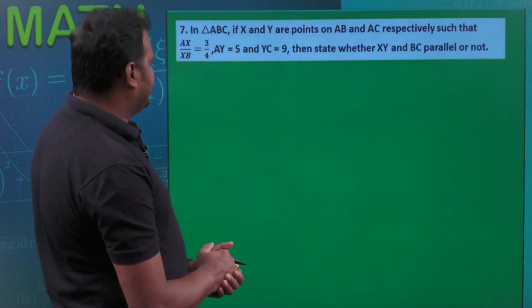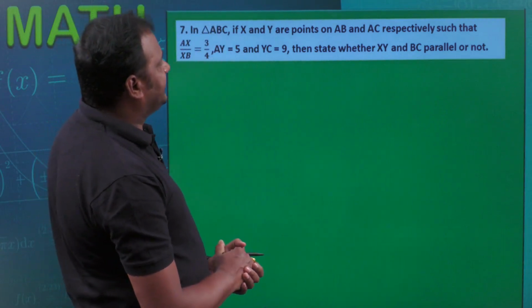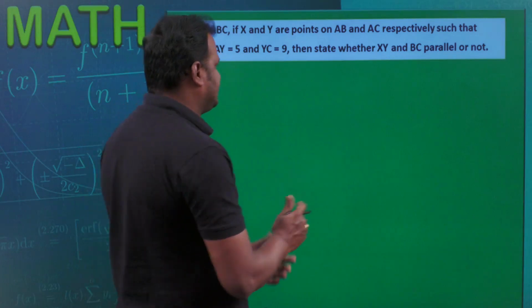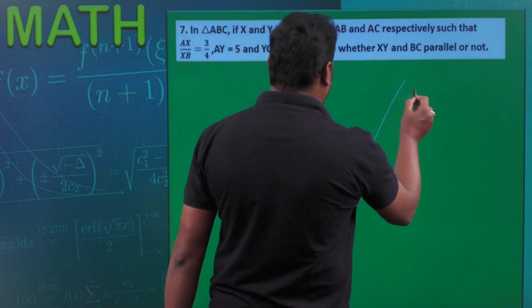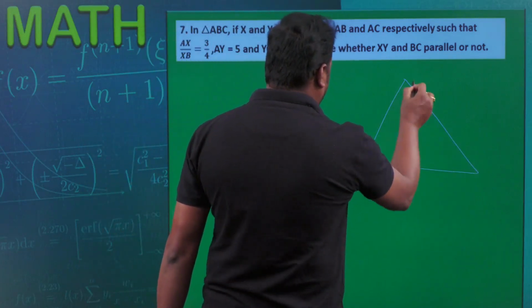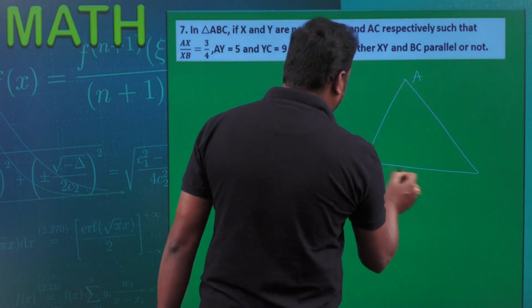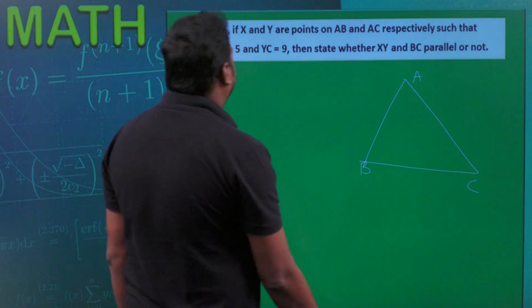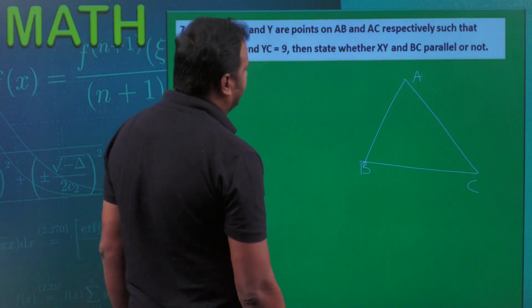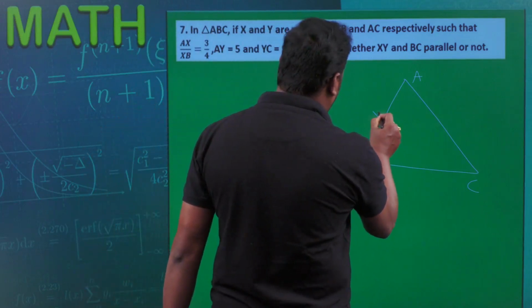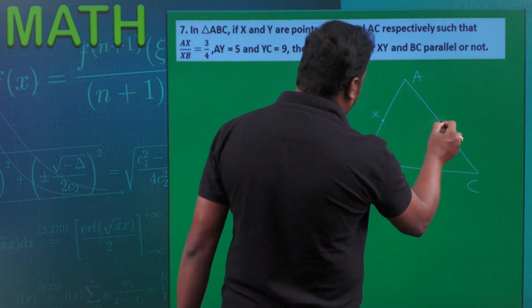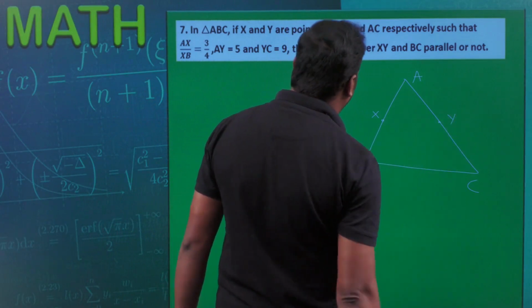In triangle ABC, if X and Y are points on AB and AC respectively, I am drawing a triangle ABC such that X and Y are points on AB and AC. For example, this is a point X on AB. This is point Y on AC.